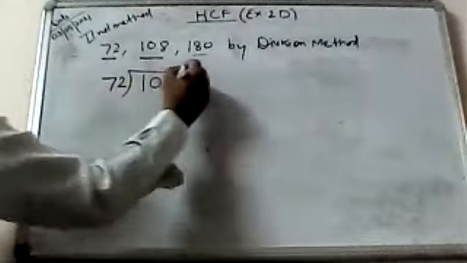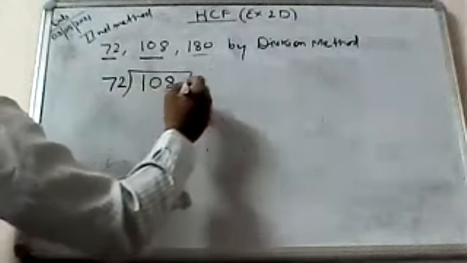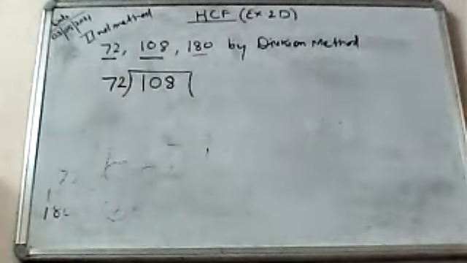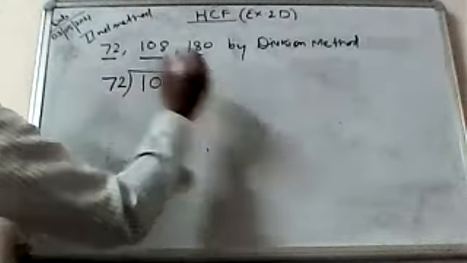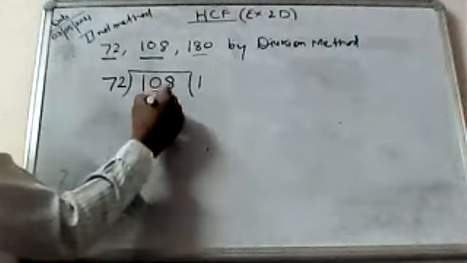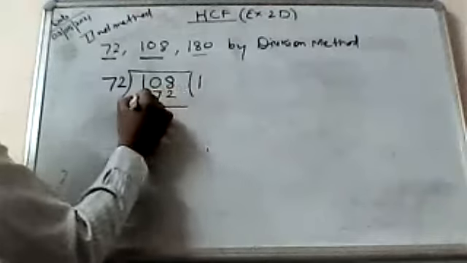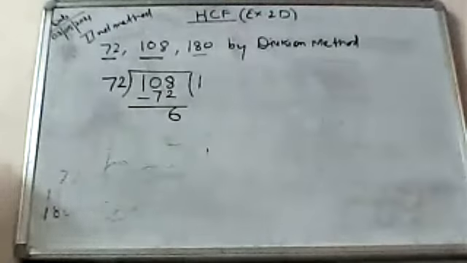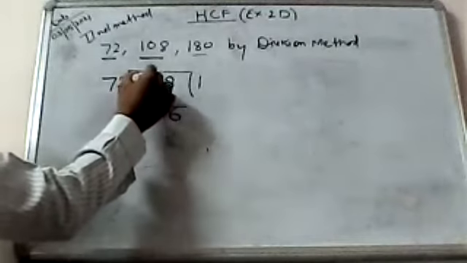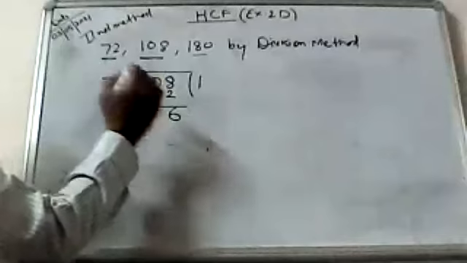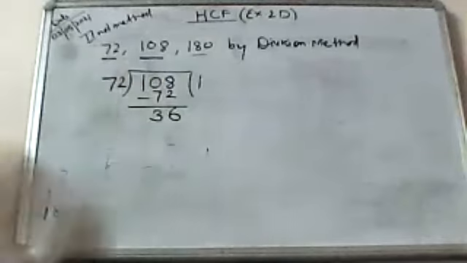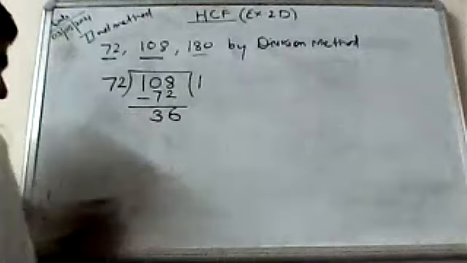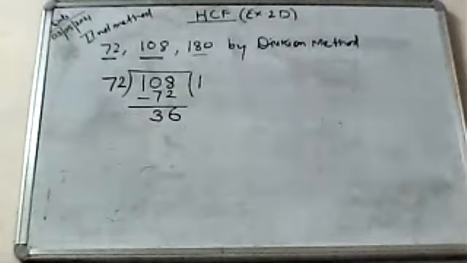Yes, 72 goes into 108. So 2 times? No, only one time we will take. Now 72 is here, then subtract them. 8 minus 2 is 6, and here is 0. Borrow 1, 10 minus 3, so 36. So we will receive 36 as the remainder.